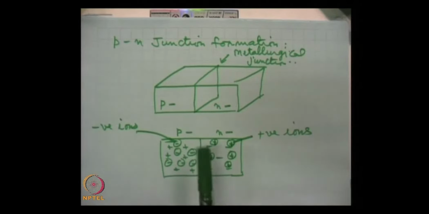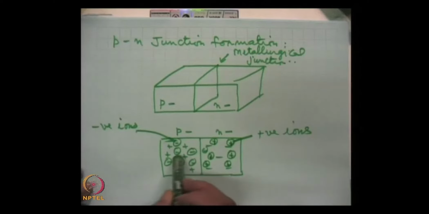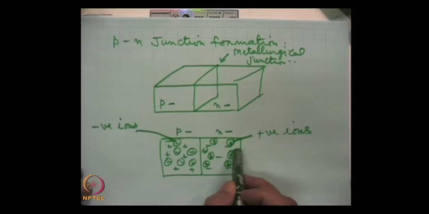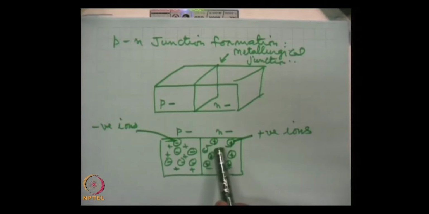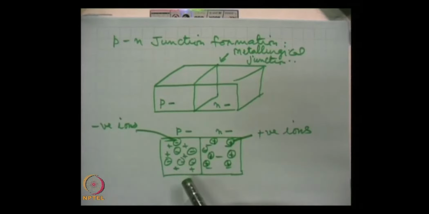Now, this is very important: if there is a structural continuity from the p side to the n side, then diffusion as a natural process will occur. So, holes will diffuse towards the n side and electrons will diffuse to the p side.